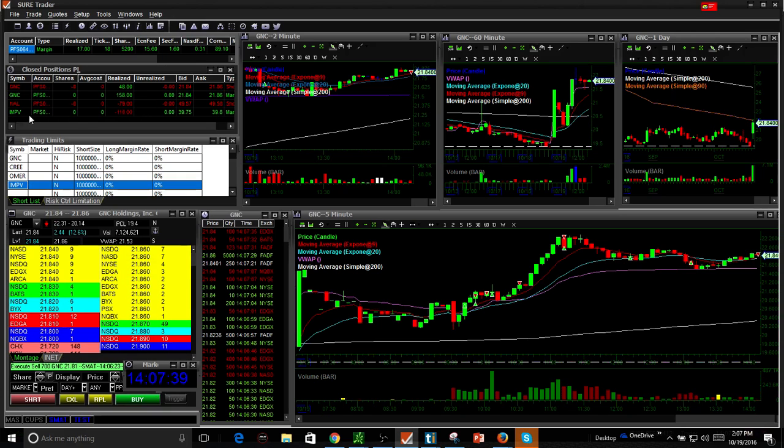The one that I'm really upset about is this MPV. There's no reason for me to have taken that trade live when I had never experienced these 5-cent tick stocks. So I learned that lesson as well.